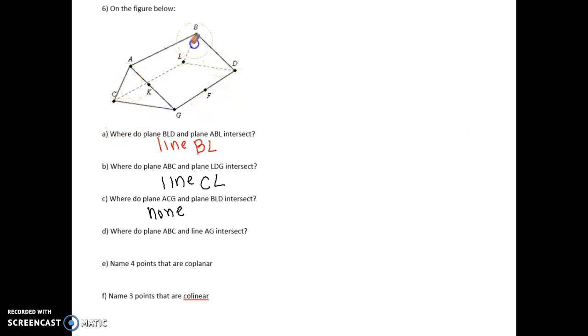Our next question says, where do plane ABC and line AG intersect? So, we're using this back plane quite a bit, aren't we? So ABC and line AG. So we look for line AG, which is this line right here.